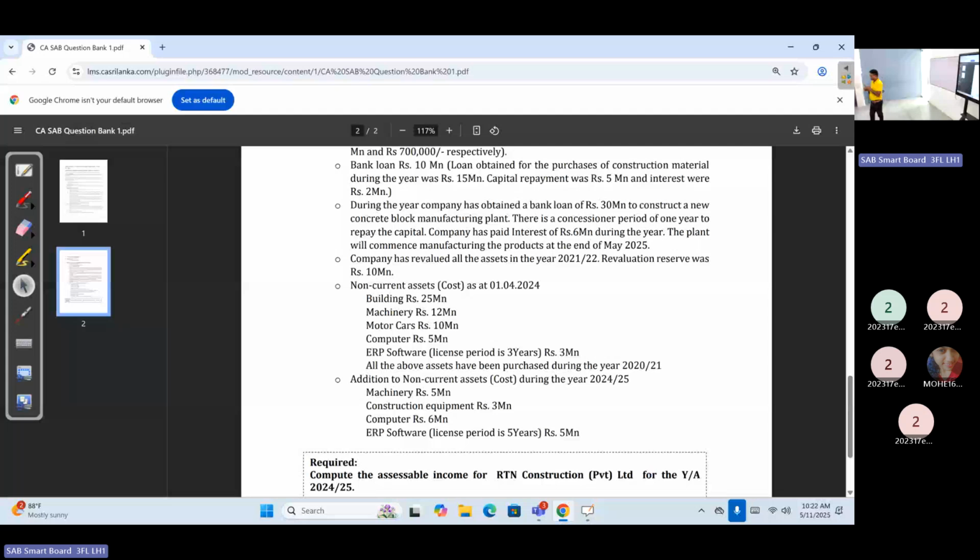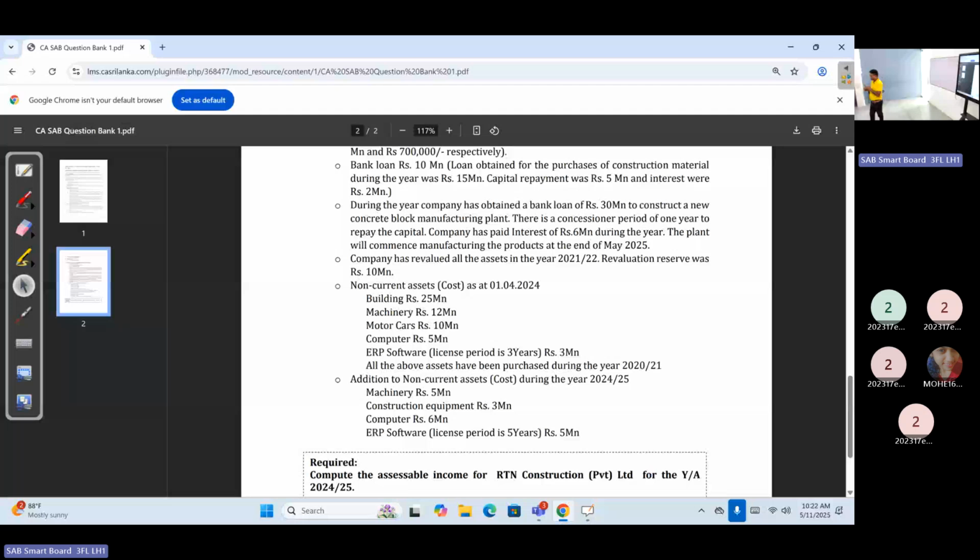Vehicle used in hiring. Other than that, we cannot claim capital allowance for a vehicle used for traveling purpose.